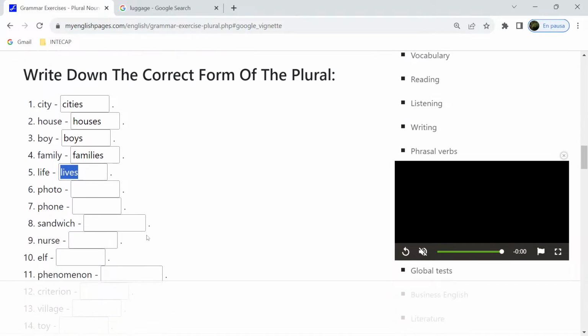Now let's go with number 6. Photo. What is the plural of photo, guys? You can open your mics.